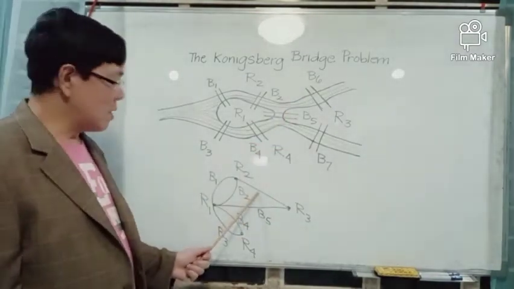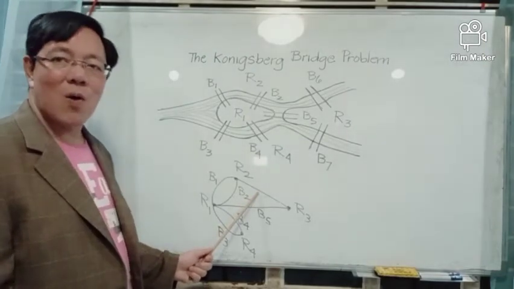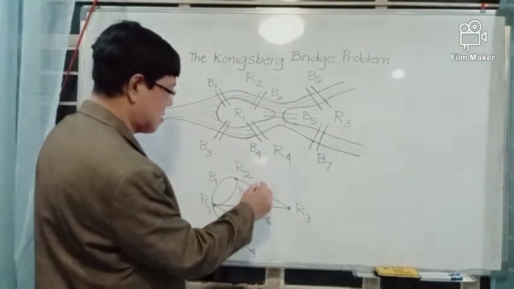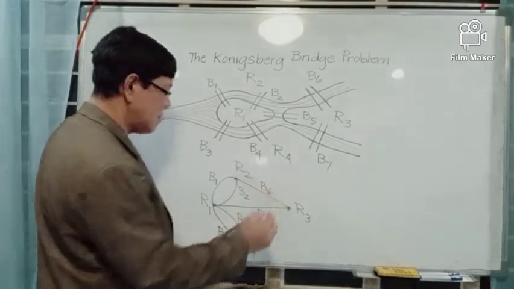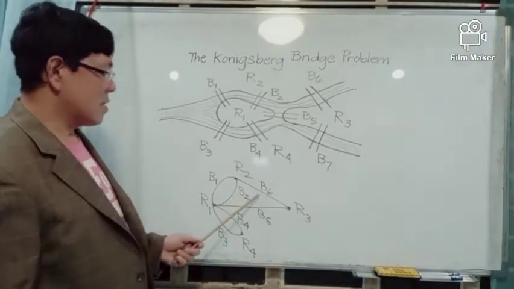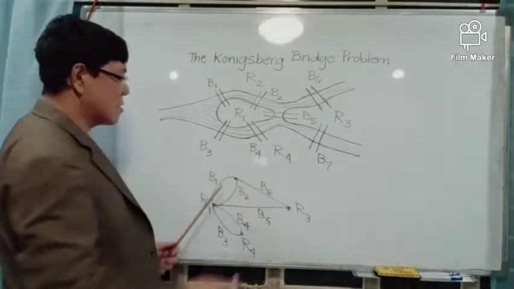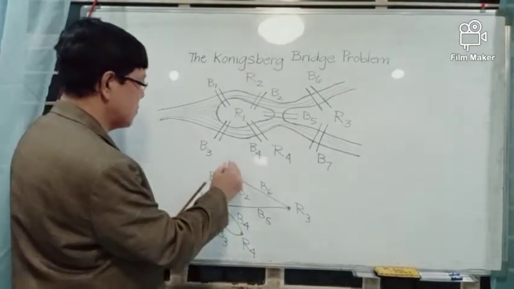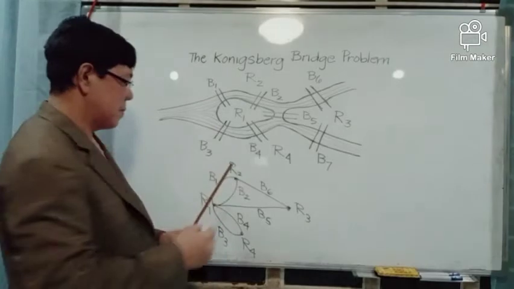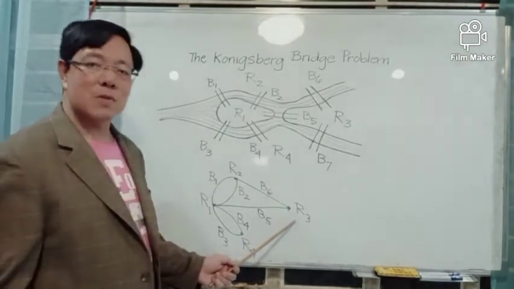So we might as well represent this edge or line by B6, the sixth bridge that connects region 2 and region 3.